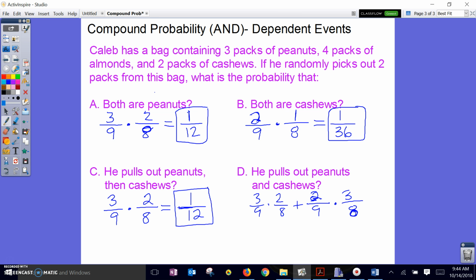And again, we're just doubling the probability that we found here in part C. We've got that probability, and then we've got another probability that's equal to it. So we're just doubling that. So it's really 2 times 1/12, and the probability of that is just going to be 1/6.